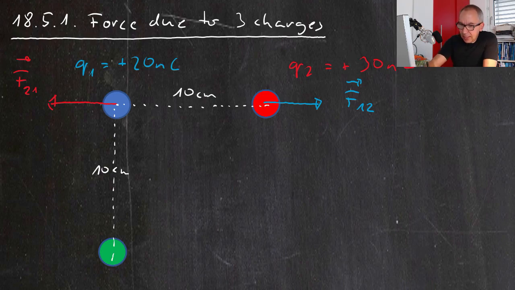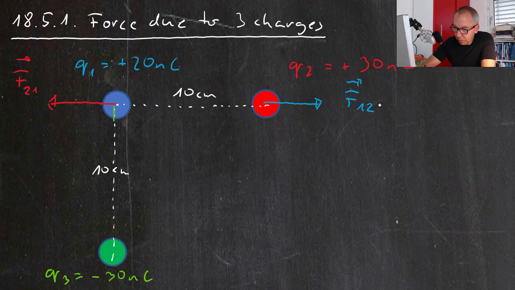Let's take this charge to be a negative one, so we call it Q3, and let it be minus 30 nanocoulombs. Then we see here from the magnitude 20, 30, it was 20, 30 as well here, 10 centimeters, 10 centimeters. So the forces will be equal in magnitude, but here minus and plus, it will be an attractive force.